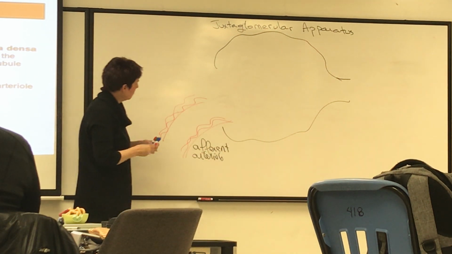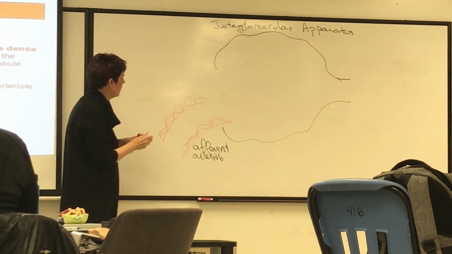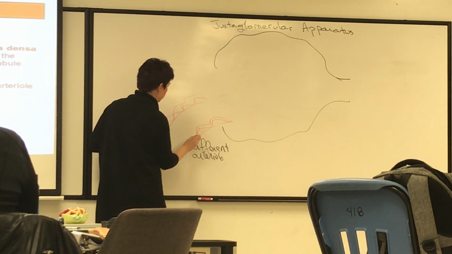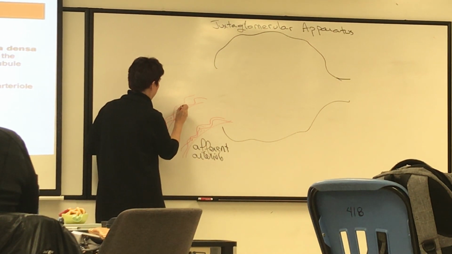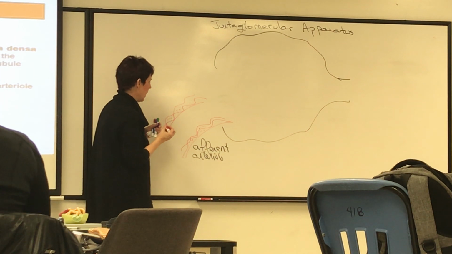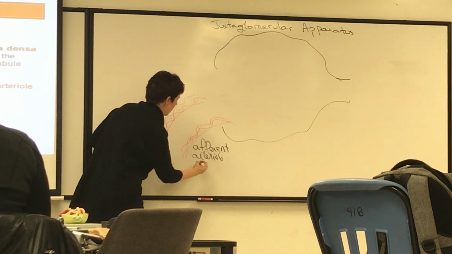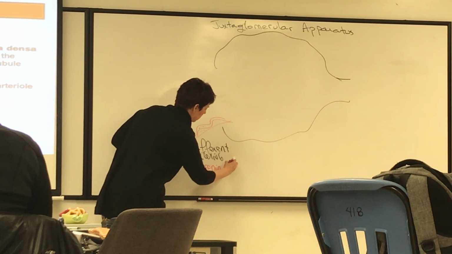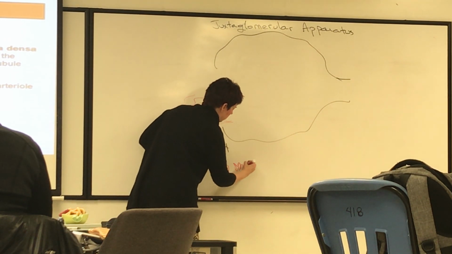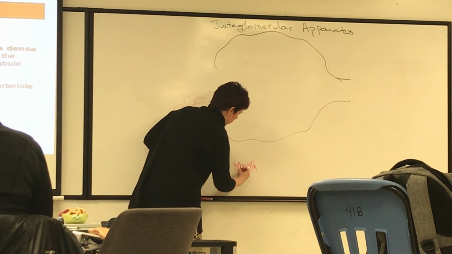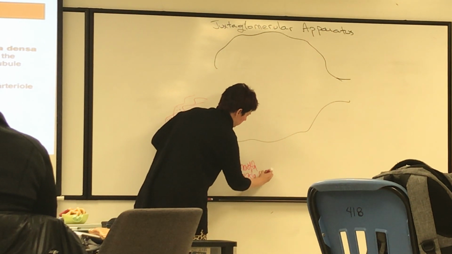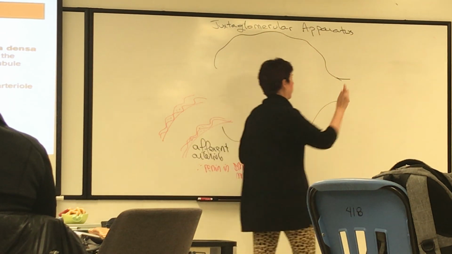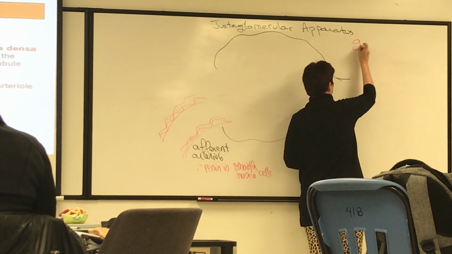And in the smooth muscle of the afferent arteriole, we have cells that have granules of an enzyme known as renin. This component of the juxtaglomerular apparatus are known as granular cells.